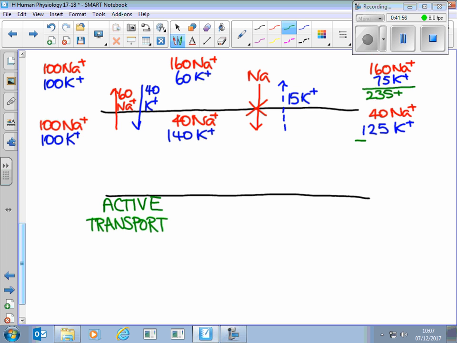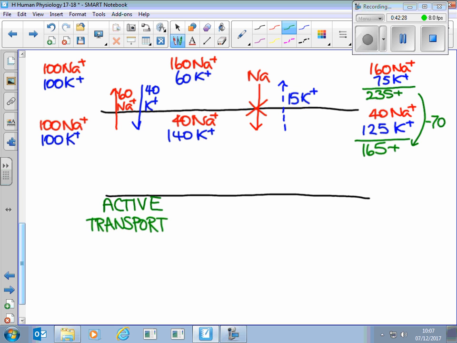What's our total charge inside? 165. So how would you describe the inside compared to the outside? By how much? 70. And that's our minus 70. So the difference from here to here, that's my minus 70 millivolts, if you like.